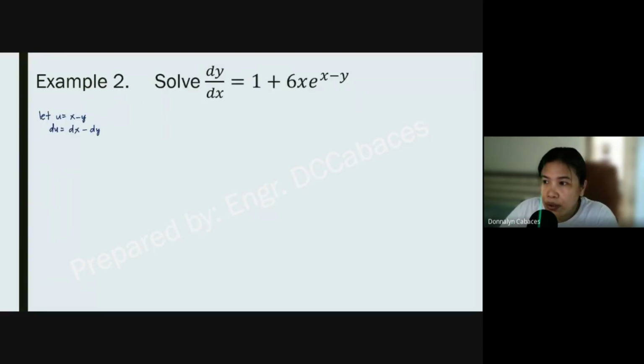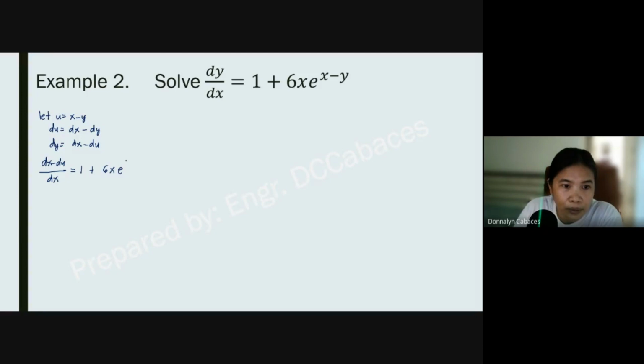So you can actually find your dy here would be equal to dx minus du. Then we replace dy of our given DE and the x minus y by u. So you have dx minus du over dx is equal to 1 plus 6x e to the u.